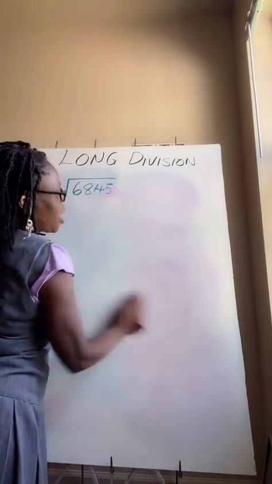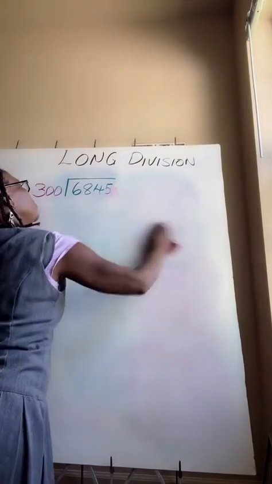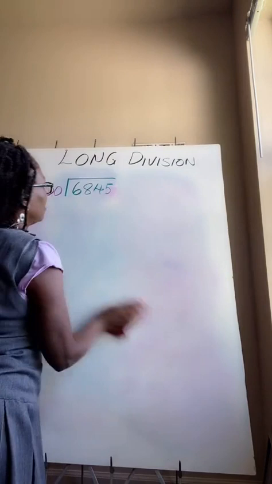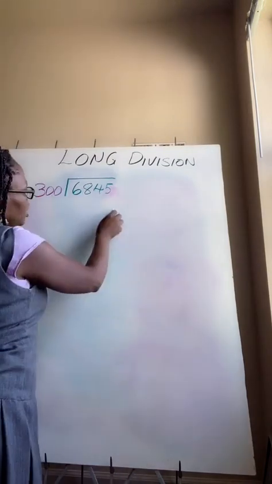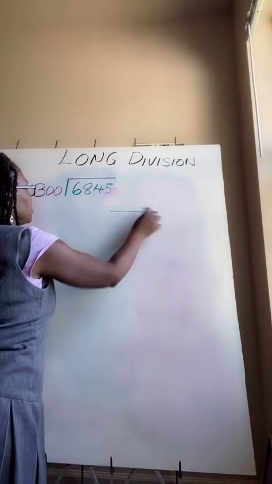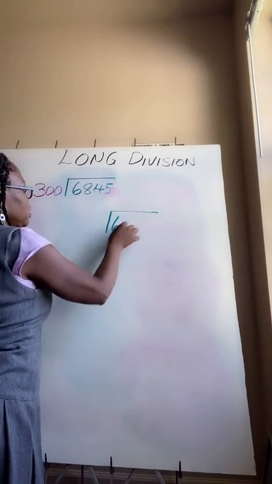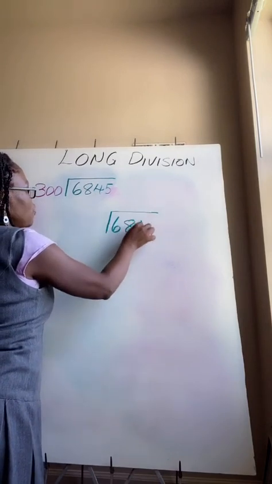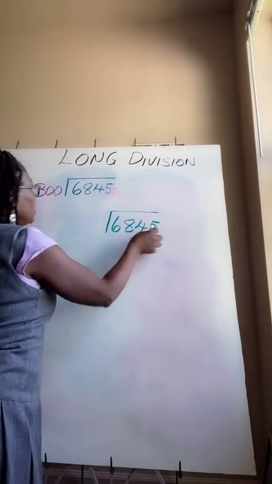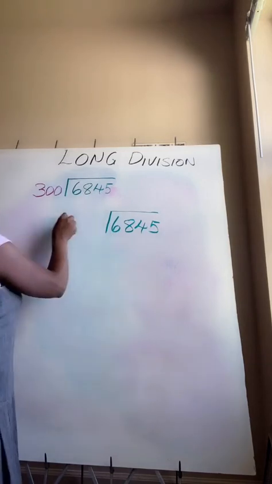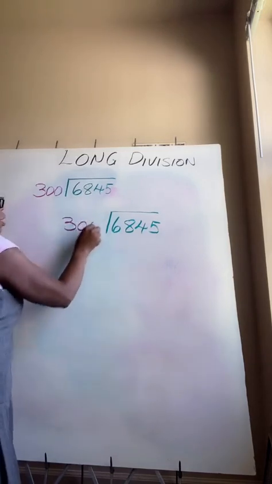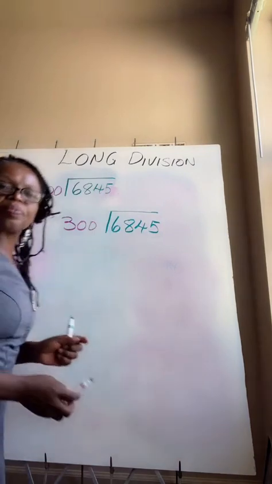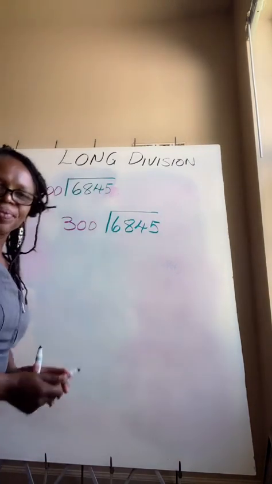Where do we start when we have long division? Let me put this here where everybody can see it. 6845 divided by 300. I like your question.